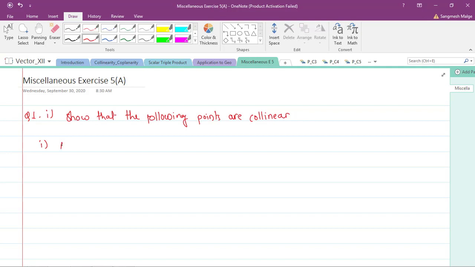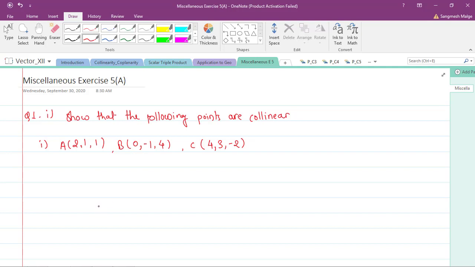The first question: the points are A(2, 1, 1), B(0, -1, 4), C(4, 3, -2). We have to show that these points are collinear.